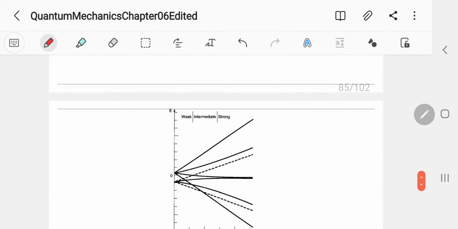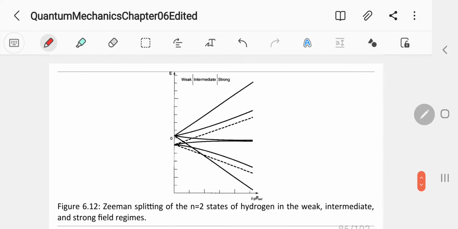If you would be able to see the graph of the 8 energy states here, 1 2 3 4 5 6 7 8, you have some, two of the energies have almost the same value.